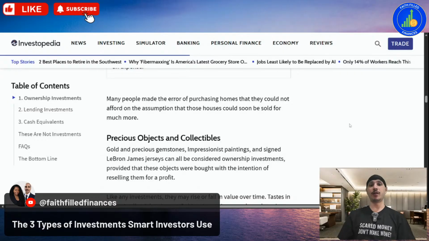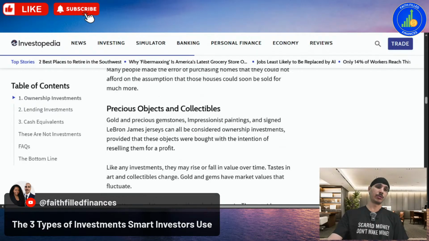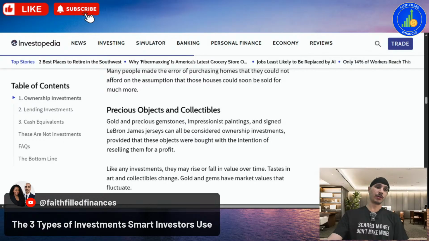Many people make the error of purchasing homes that they could not afford on the assumption that those houses could soon be sold for much more. Now, we are under the fourth type of ownership: precious objects and collectibles.